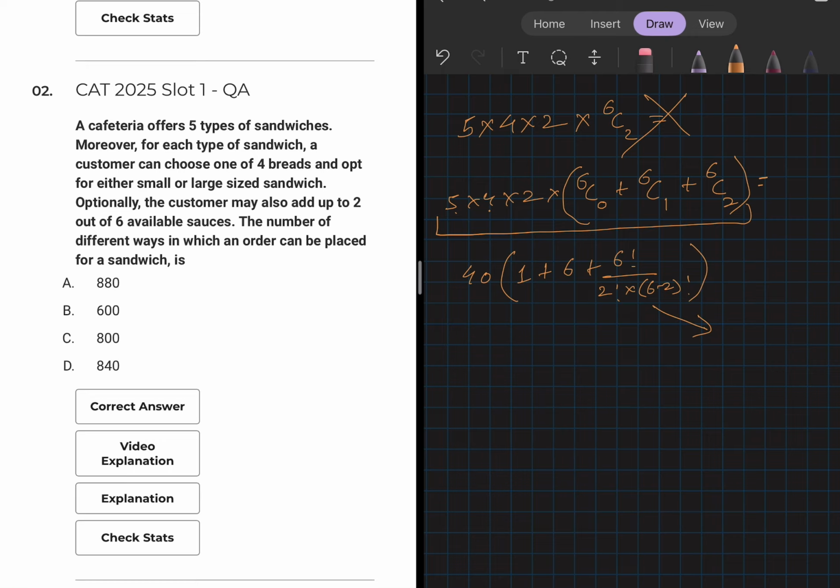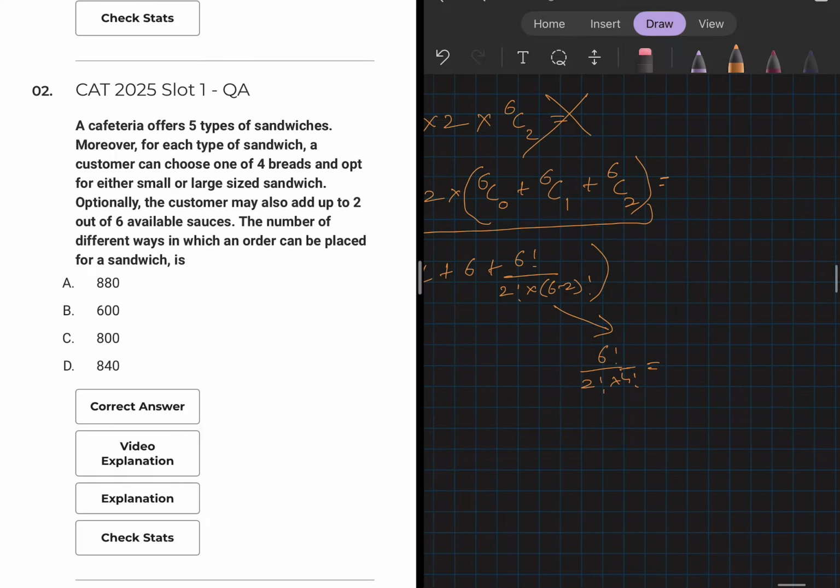Let me solve this separately. 6 factorial by 2 factorial times 4 factorial equals 6 into 5 into 4 factorial by 2 into 1 into 4 factorial, to be technically correct. So this turns out to be 3 into 5, 15.